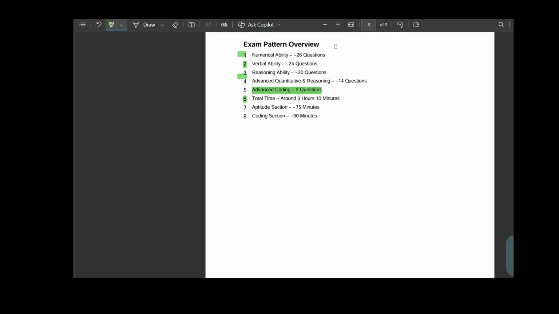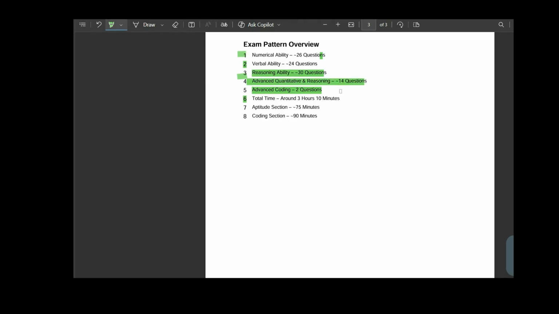And the numerical ability has around 26 questions, verbal ability 24, and coming to the reasoning it is 30 questions. Advanced quantitative and reasoning has around 14 questions.